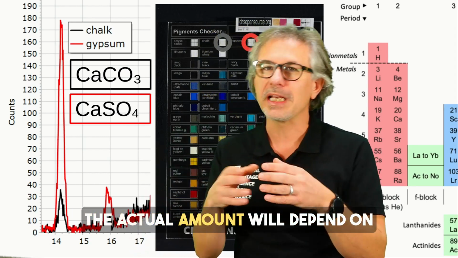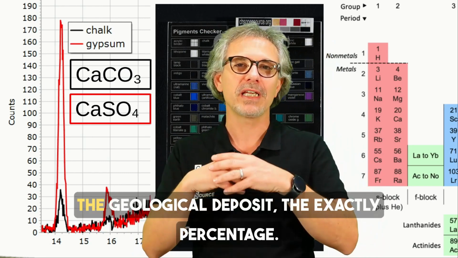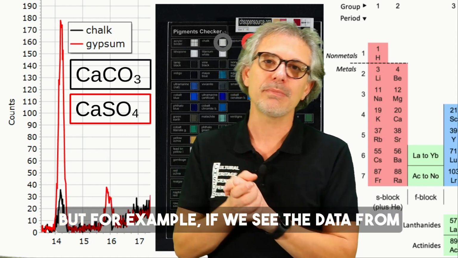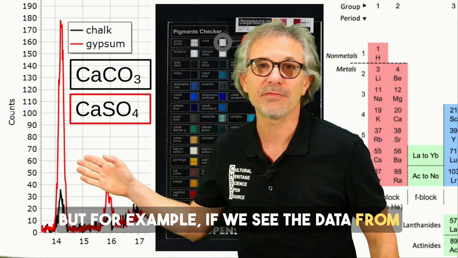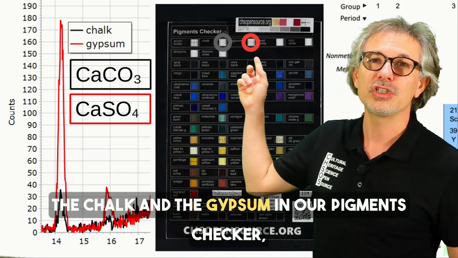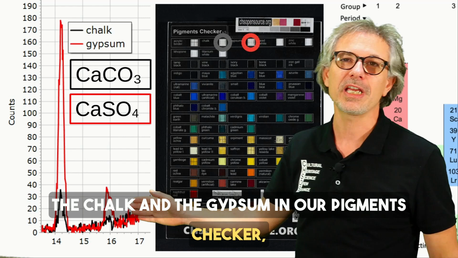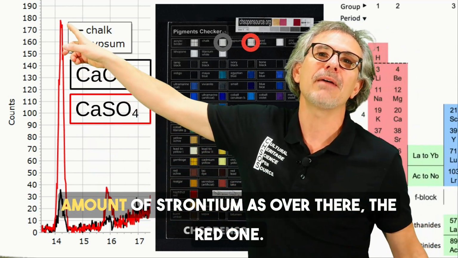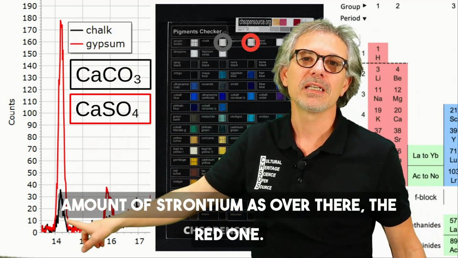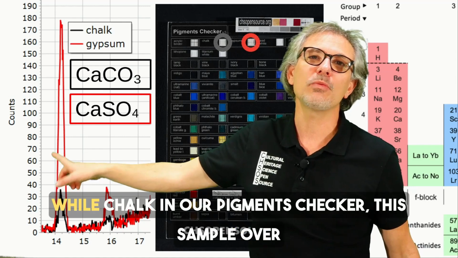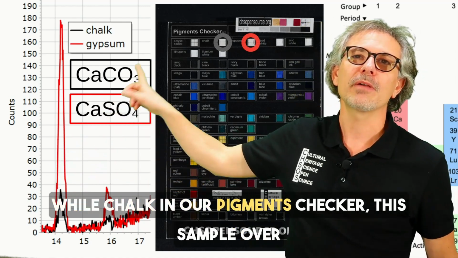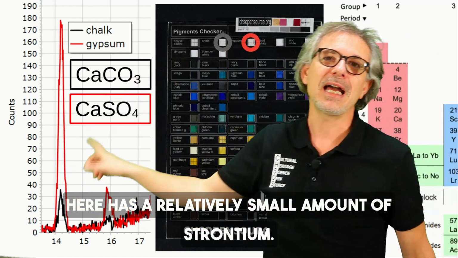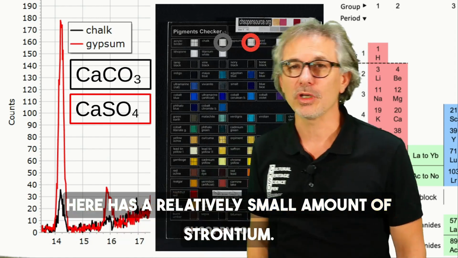The actual amount will depend on the geological deposit, the exact percentage, but for example, if we see the data from the chalk and the gypsum in our pigment checker, we see that our gypsum has a relatively high amount of strontium, over there, the red one, while the chalk in our pigment checker, this sample over here, has a relatively small amount of strontium.